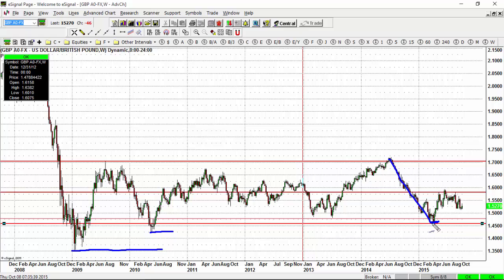So could this just be a resting point for the market to eventually head down to 135? If we do break below this 145, 146 level, that could definitely be in the cards longer term. Remember, this will be a longer term move. It won't be a move that happens overnight.